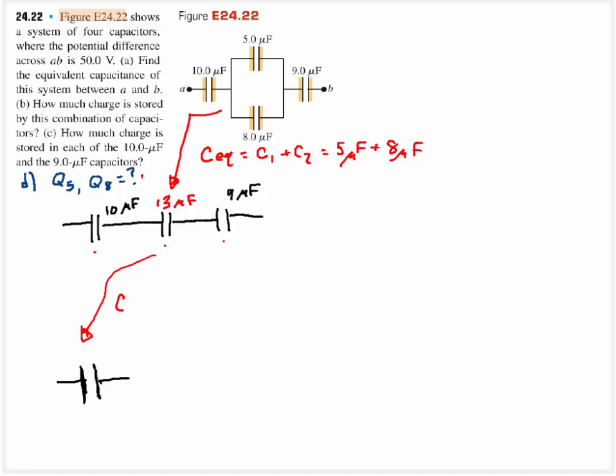In this case, we know that these are in series, and so we can write 1 over the equivalent capacitance is going to be equal to 1 divided by C1 plus 1 divided by C2 plus 1 divided by C3, or 1 over 10 microfarads plus 1 over 13 microfarads plus 1 divided by 9 microfarads, keeping those micros in my calculator.